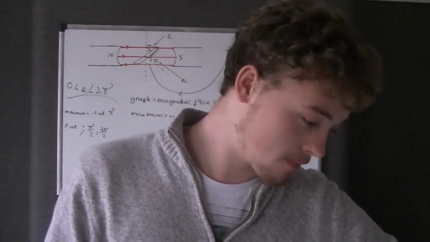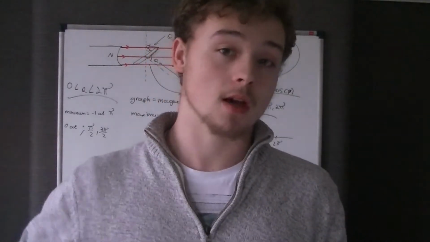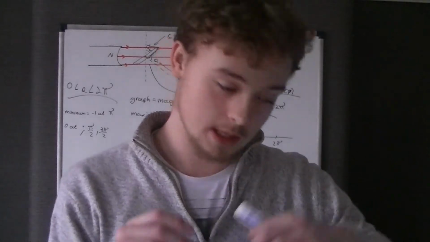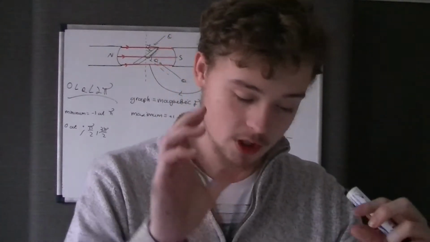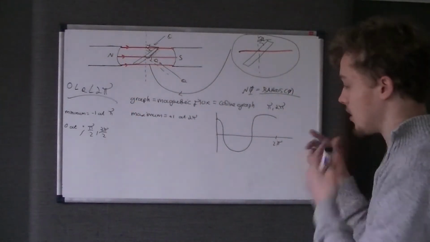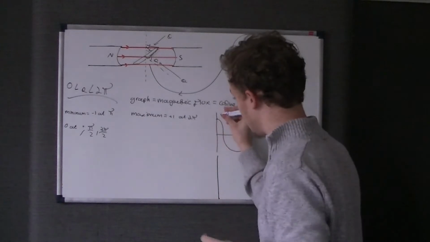Now we said the EMF is directly proportional to the rate of change of the flux linkage, which is what this is. So the EMF graph is the gradient of the flux linkage graph. Remember, the one on the top is for the flux linkage.